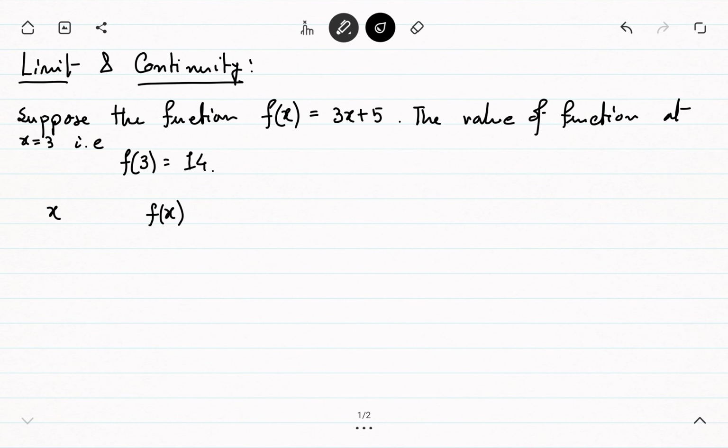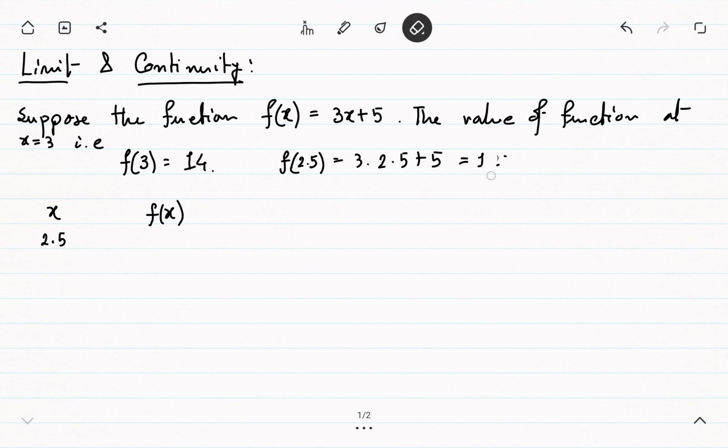If I take 2.5, f of 2.5 will be 3 times 2.5 plus 5. So it will be 12.5, right? So the function value will be 12.5.